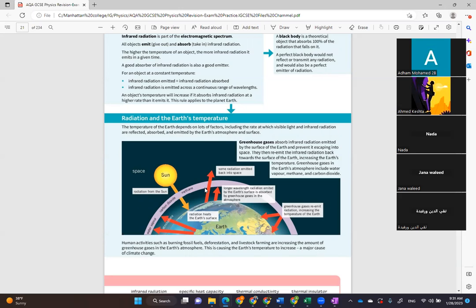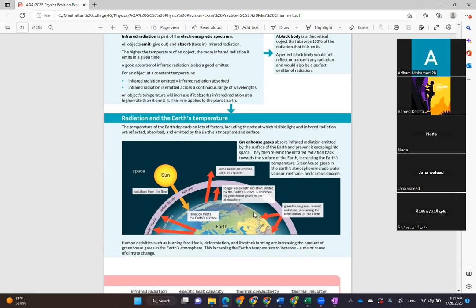Lower wavelength radiation emitted by the Earth's surface is absorbed by some gases called greenhouse gases, which are water vapor, carbon dioxide, and methane. So what happens after the absorption of the emitted radiation by these greenhouse gases? The greenhouse gases re-emit the radiation again to the Earth, and this increases the temperature.